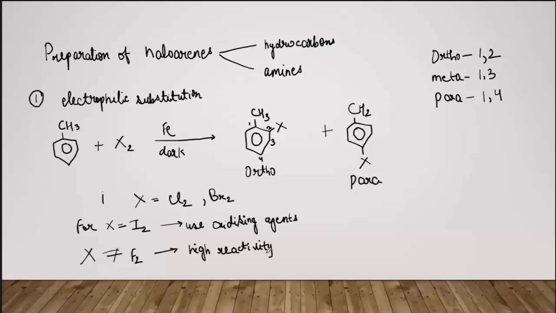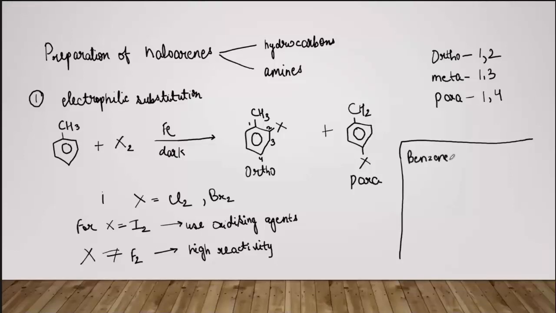So now again one question may arise. Here we have discussed that ortho, meta and para, these three possibilities are there, right? But I have not written the meta product over here. So you may ask why I have not included the meta product. The reason is that benzene rings undergo resonance.